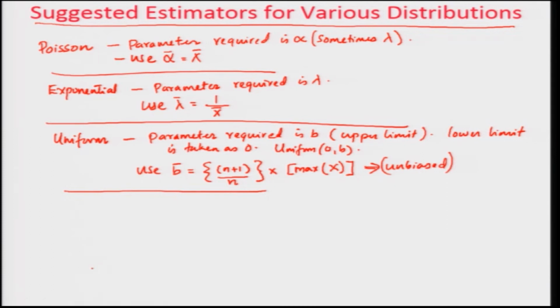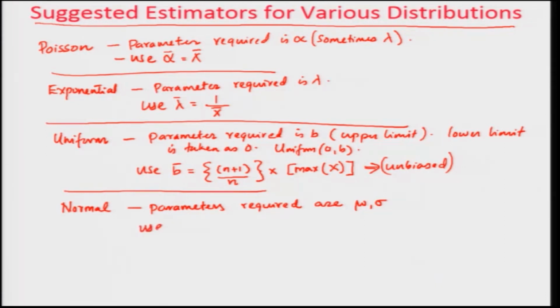All right. Now, for normal, okay, normal parameters required are mu and sigma. Okay.